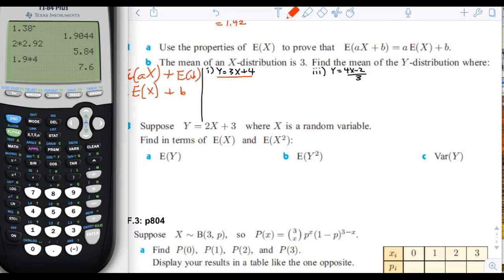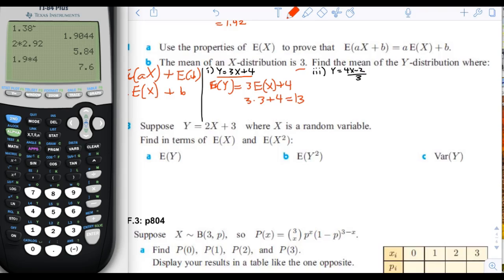So if we know that the expected value of x is 3, then we can figure out the expected value of y, because the expected value of y would be 3 times the expected value of x plus 4. So that would be 3 times 3 plus 4, which is 9 plus 4, which is 13.